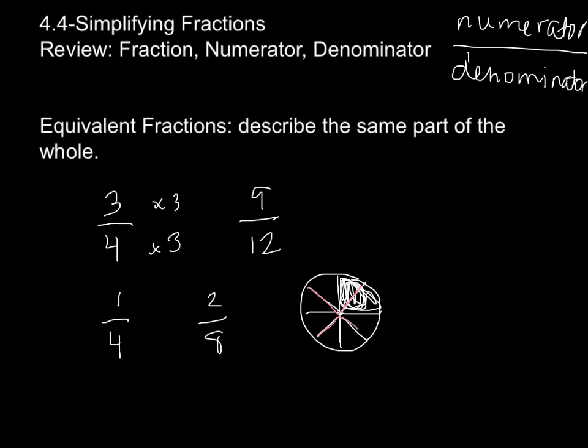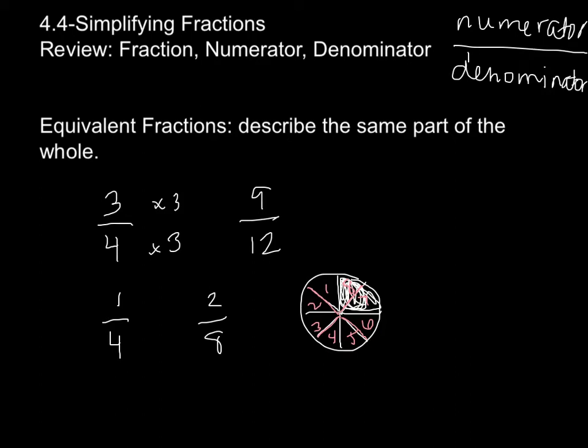So here are my eighths pieces. I have 1, 2, 3, 4, 5, 6, 7, now I have 8 pieces. And you'll see that those 2 pieces are the same as the 1 piece when it was cut into 4 pieces. So it means exactly the same thing. They are just the same part of the whole.